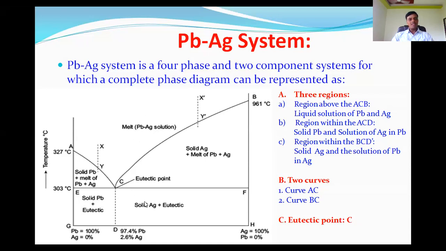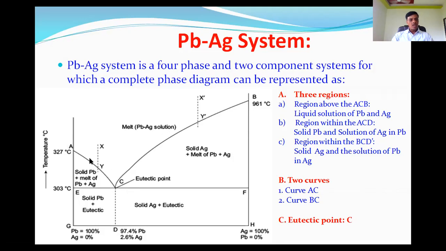When we look at the phase diagram of the lead silver system at a glance, you can easily divide this phase diagram into different parts, and these different parts are regions, curves, and eutectic point C. If you observe the figure carefully, you will observe three different types of areas.